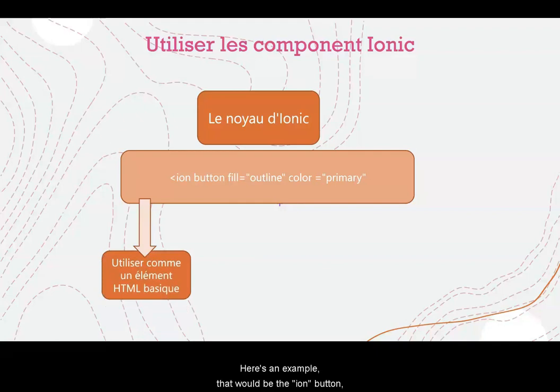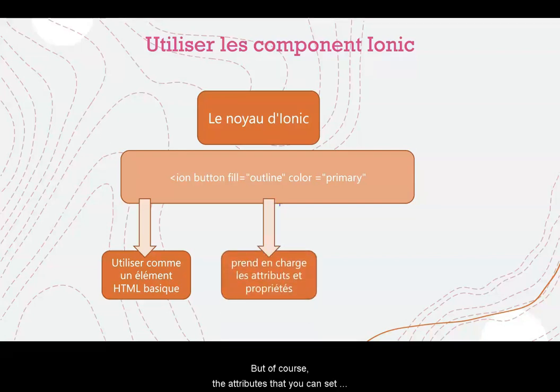That would be the Ion button, essentially a button provided by Ionic that wraps a normal native HTML button and then adds some additional styling to it, which is also important. These web components are not only about pre-styled elements, they also add JavaScript logic to them, or at least they often can. And then this button can be configured here. It can be given attributes, just like you can set attributes on normal HTML elements.